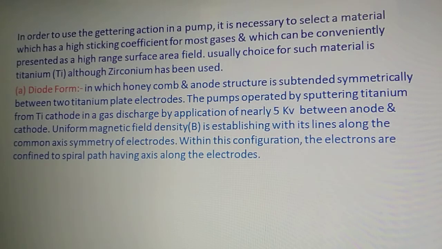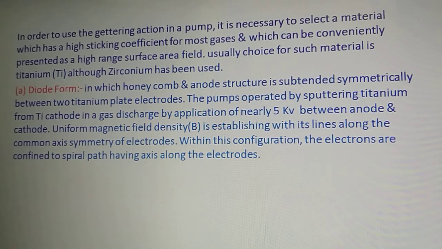The pump operates by sputtering titanium from the titanium cathode in a gas discharge by application of nearly 5 kilovolts between the titanium anode and cathode. And a uniform magnetic field is established with its lines along the common axis of symmetry of the electrodes.